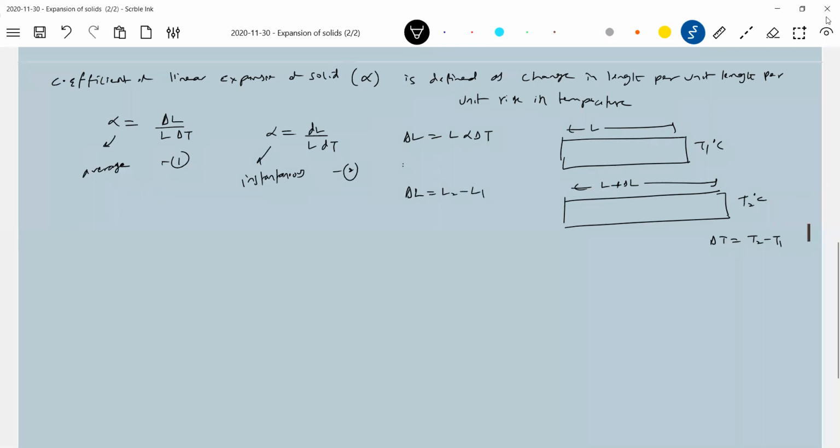Let me call this length L dash. L dash minus L equal to L alpha delta T. So L dash is equal to L plus L alpha delta T. So this will be L into 1 plus alpha delta T. This will be the final length.